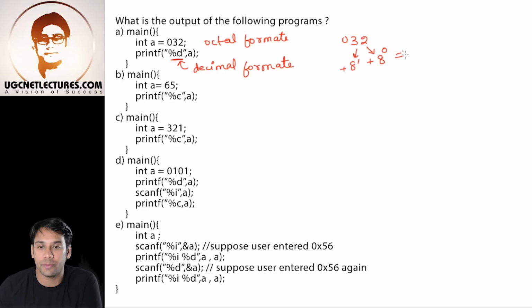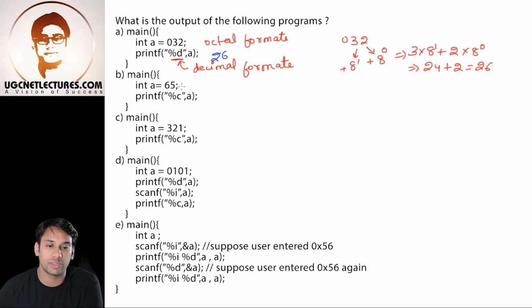So the output will be 3 into 8 plus 2 into 8 raised to power 0, which is equal to 24 plus 2, which is equal to 26. So this program will print the output as 26. Okay.